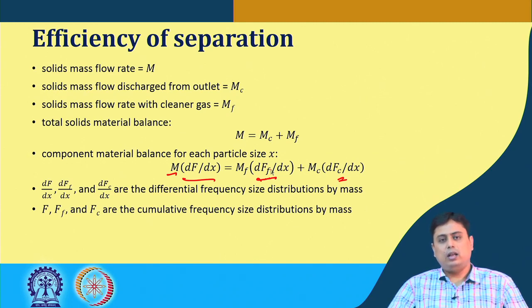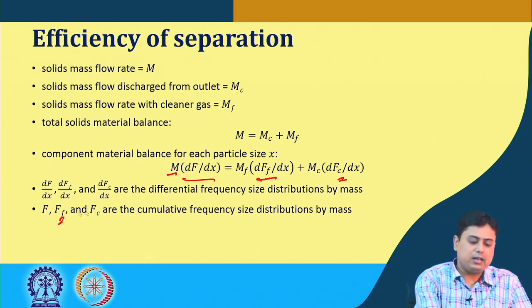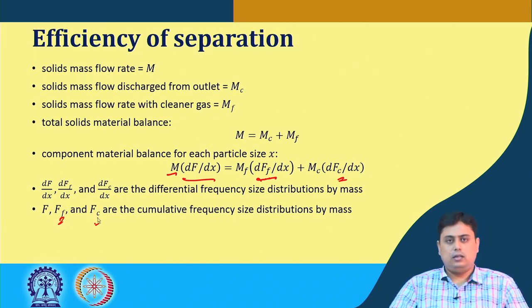This we covered at the very beginning, the relation between the cumulative frequency size distribution and the differential size distribution. So, F here, small f and small c, these subscripts stand for the fine particle outlet and the coarse particle outlet.